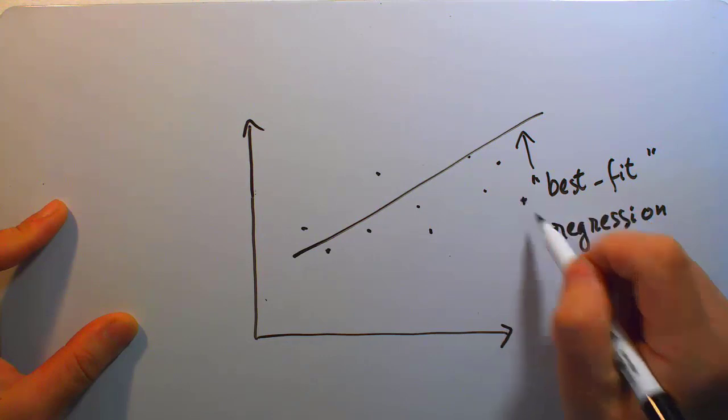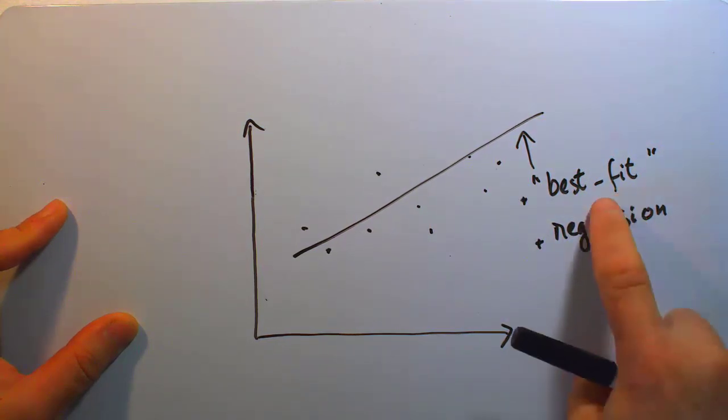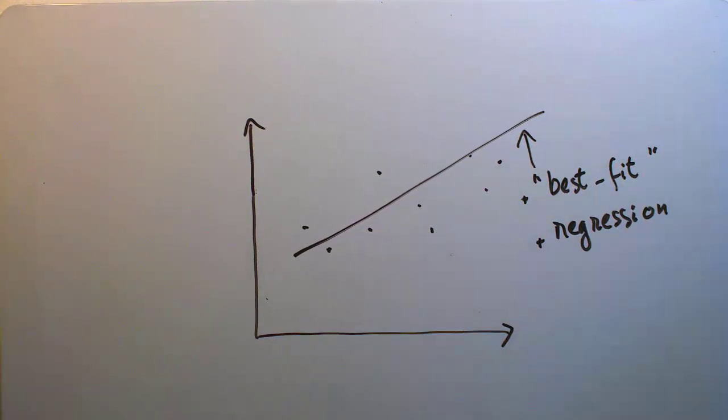There are quite a few different ways of calling it. I tend to call it the best fit line, and then regression line, but it's all indicating the same idea.